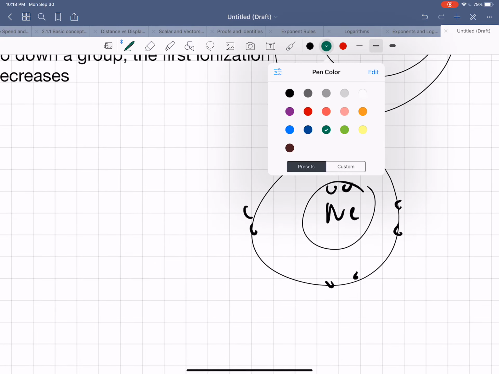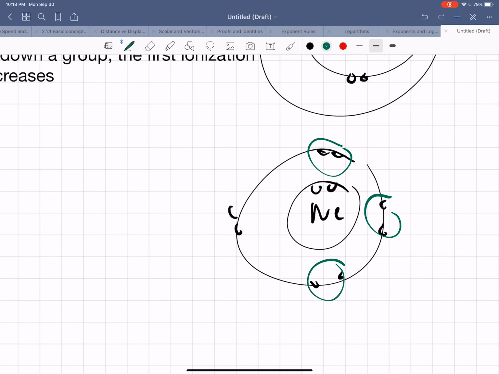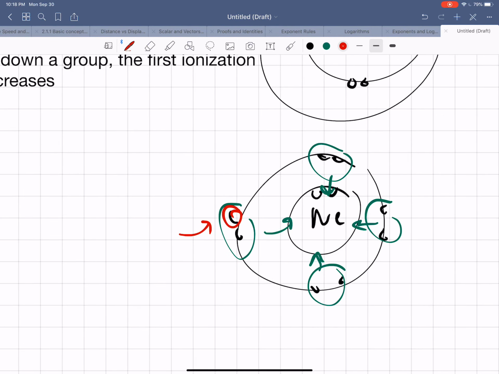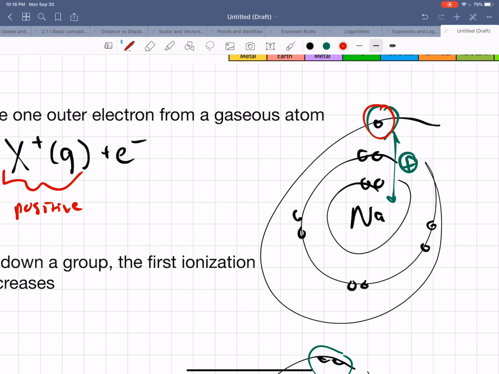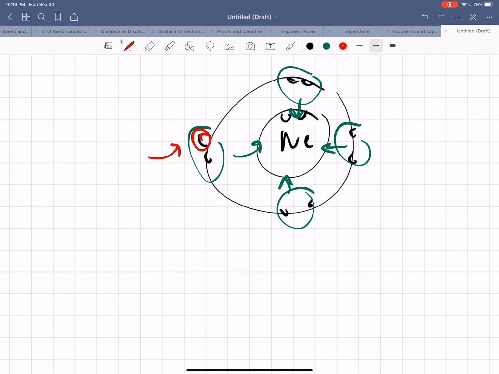Whereas here, all these electrons are equally influenced by the nucleus. So removing an electron from here would take exponentially more energy than removing it from here, because this electron is pretty much liberated. It's liberated because it isn't influenced by the charge of the nucleus as much as it would be in the neon atom.